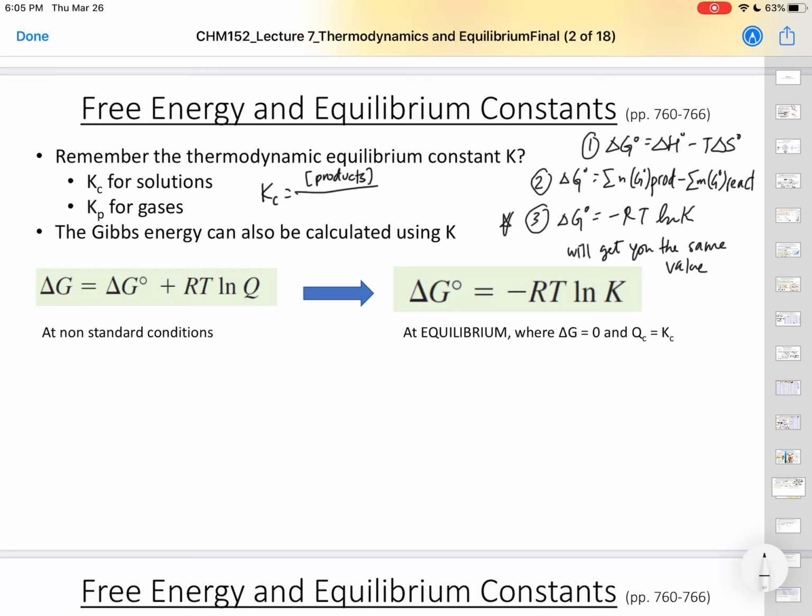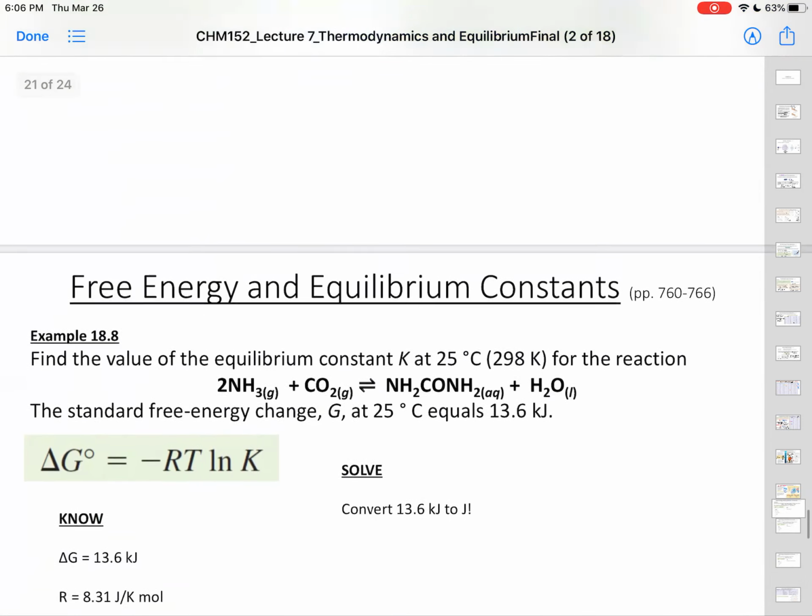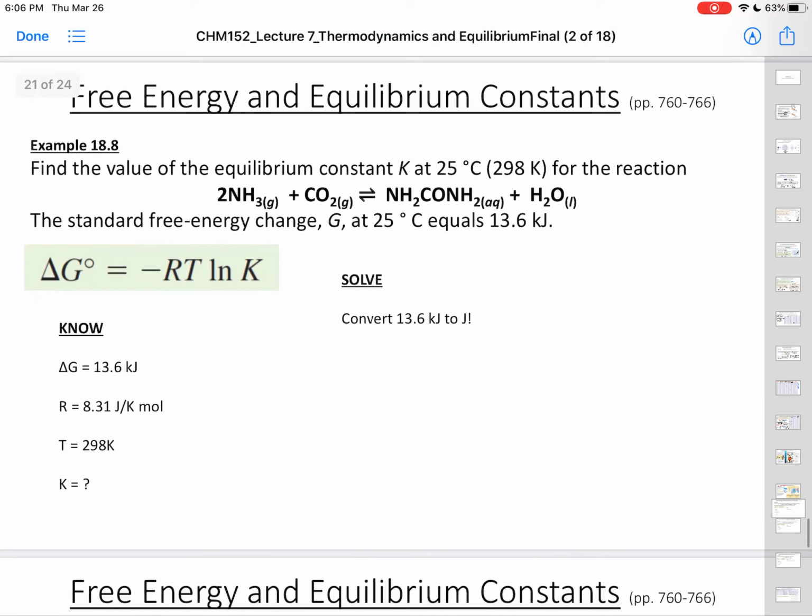Kc is equal to the concentration of the products over the reactants. That's how we calculated K. At non-standard, non-equilibrium conditions, we use Q. And at equilibrium, where delta G is 0, Qc equals Kc, so we use K.